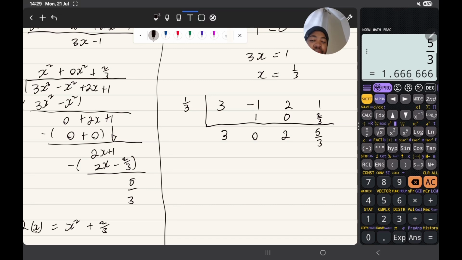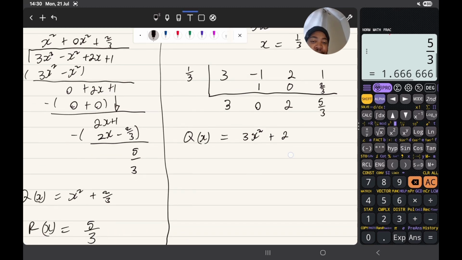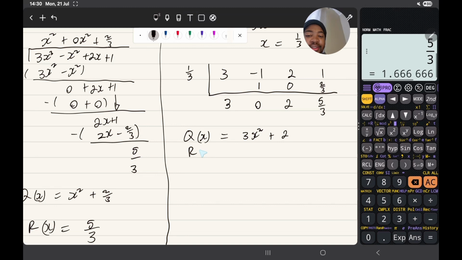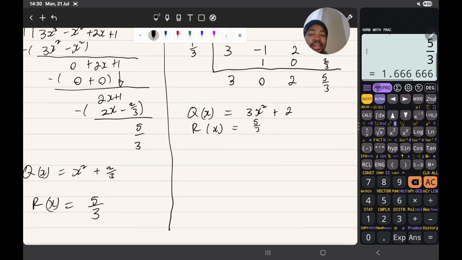So then your quotient is going to be 3x squared plus 2, just hold on, and then your remainder becomes 5 over 3.